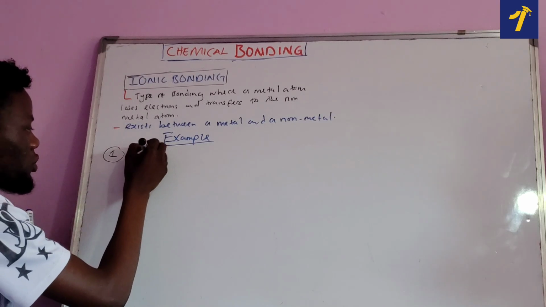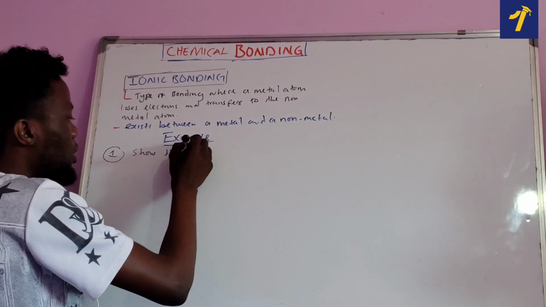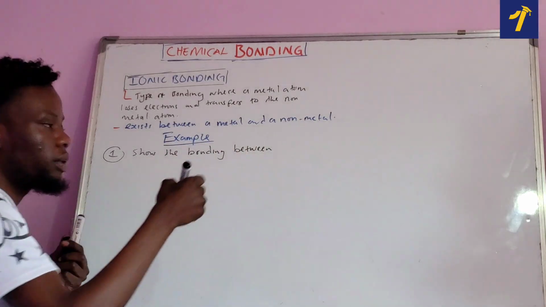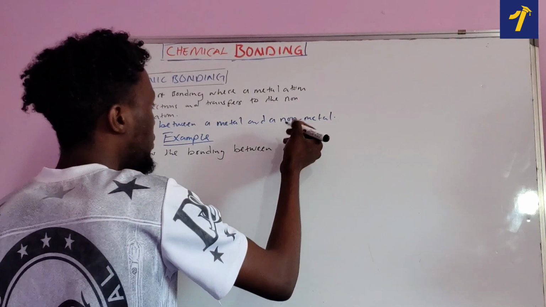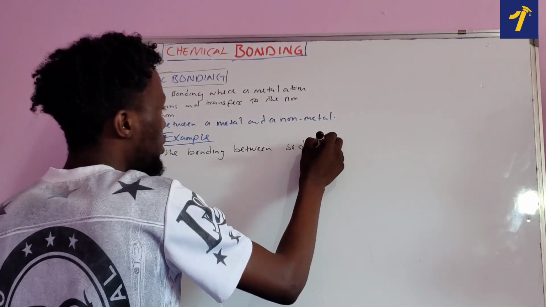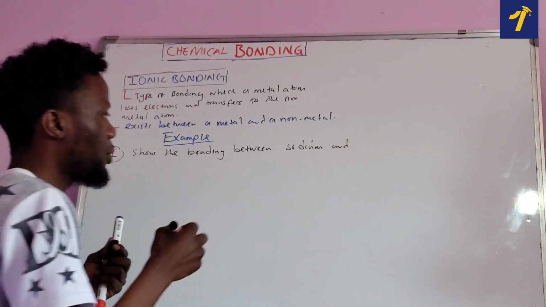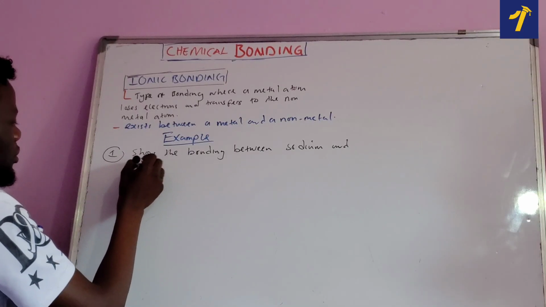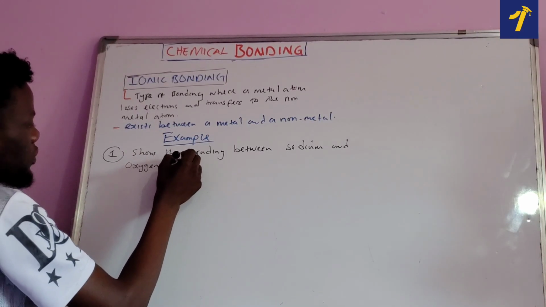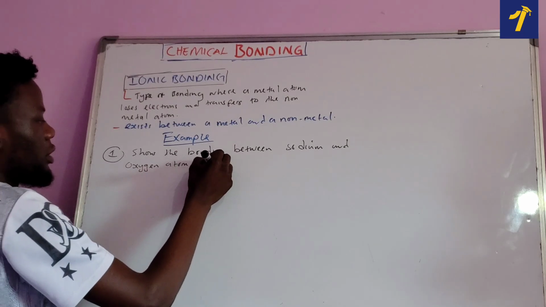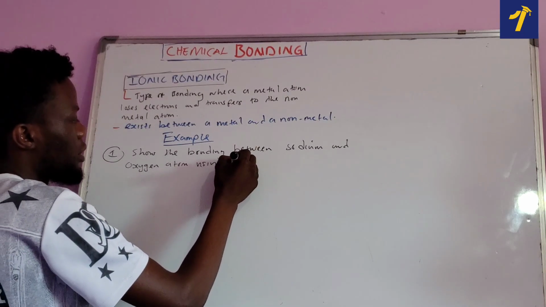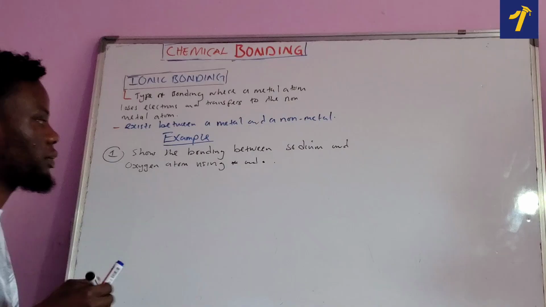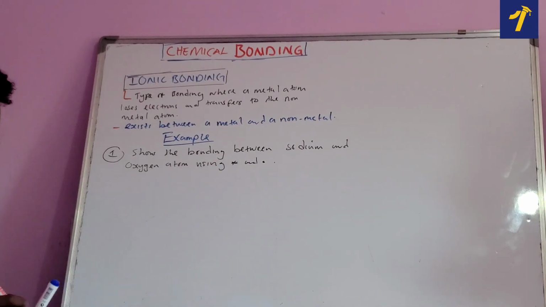So they are going to ask you to show the bonding between, let us use group 1 elements, let us use sodium, I like sodium, between sodium and oxygen atoms, using the star and the dot symbols like that.